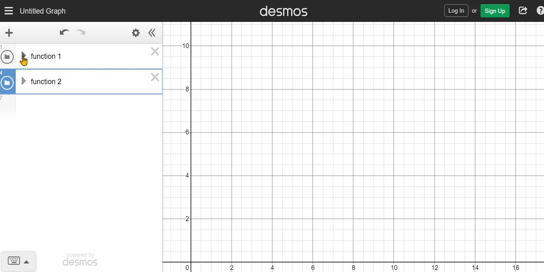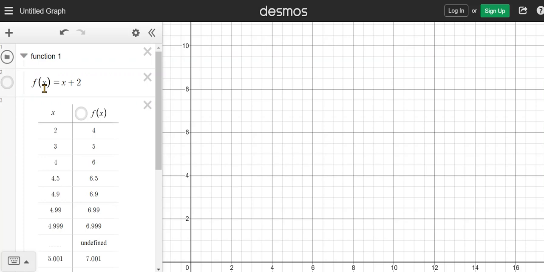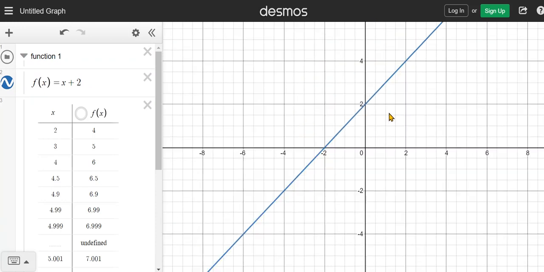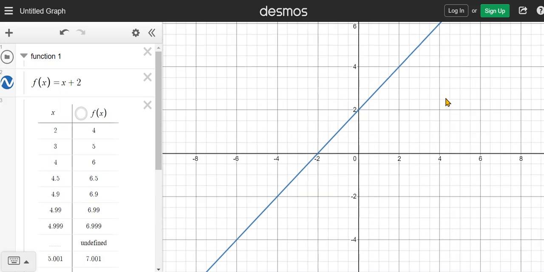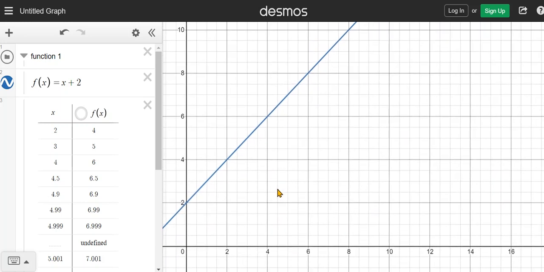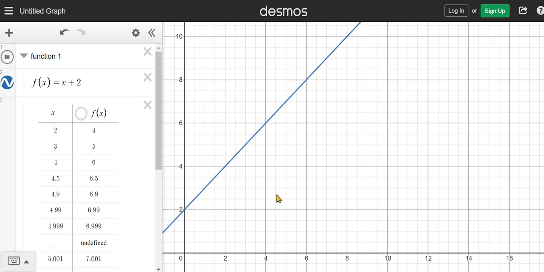So let's start with a simple function. And that function is f of x equals x plus 2, a very simple linear function. Looks something like this. Now, if we graph it, here is the y-axis and the x-axis, and I'm just going to move that a little bit over here.